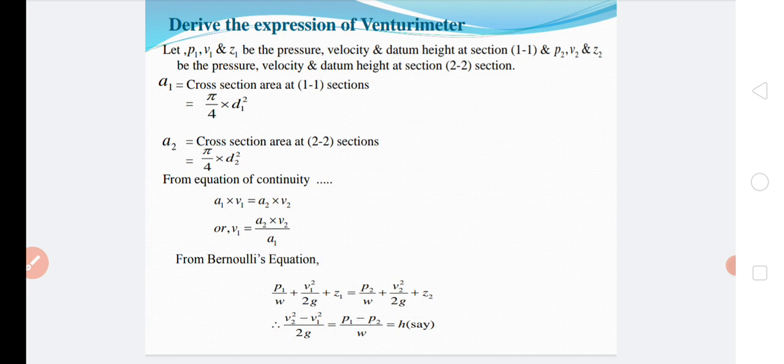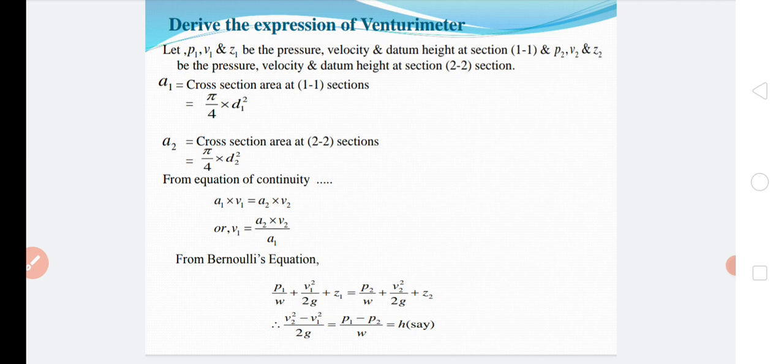Let P1, V1, Z1 be the pressure, velocity and datum height at section 1-1, and P2, V2 and Z2 be the pressure, velocity and datum height at section 2-2. A1, the cross sectional area at section 1-1, is pi by 4 into d1 square, and A2, the cross sectional area at section 2-2, is pi by 4 into d2 square.